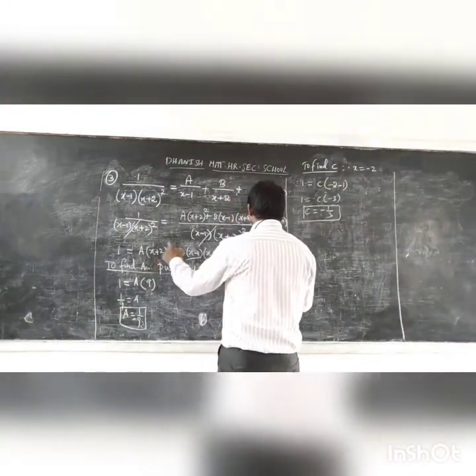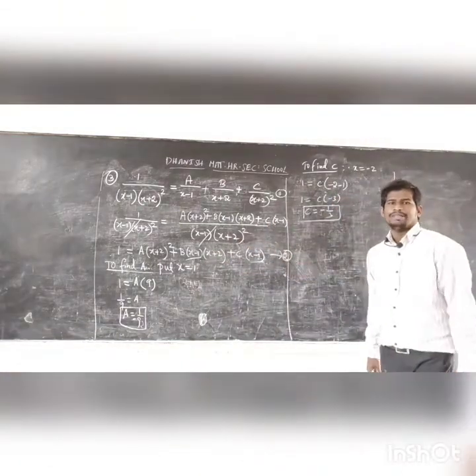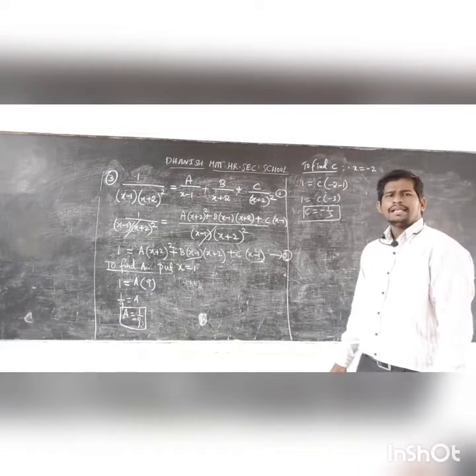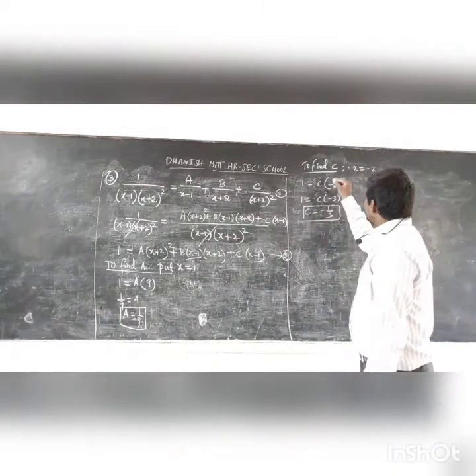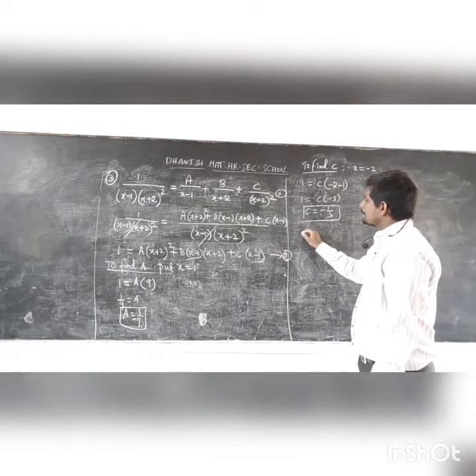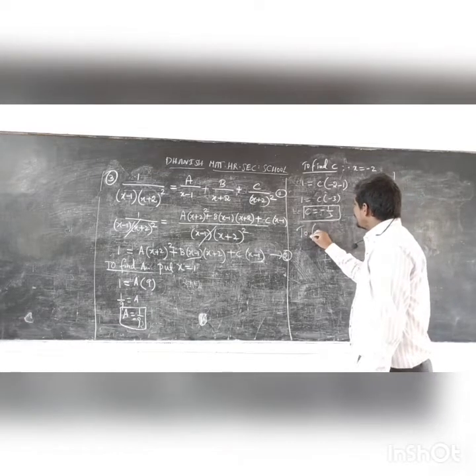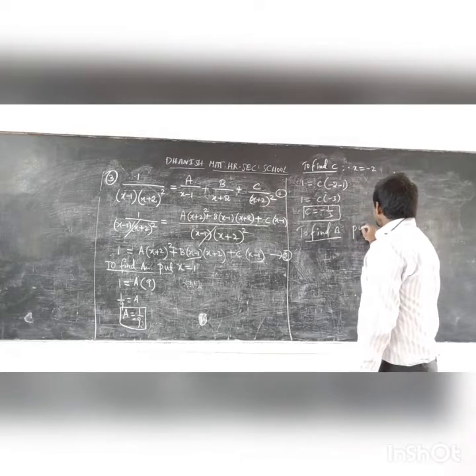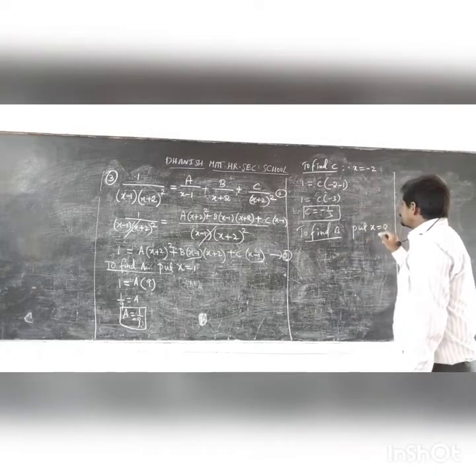But look at the a and c terms, there is no common term at all. That's why I am going to put x as 0. So to find b, put x equal to 0.